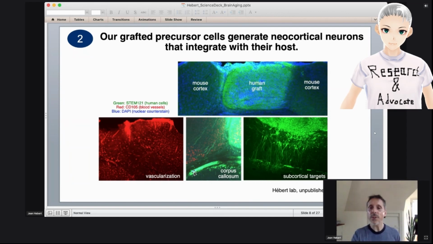And if we look further at more distant targets in the brain, we see that those neurons are innervating those areas. And I'll give you a little bit more detail on that in a bit.